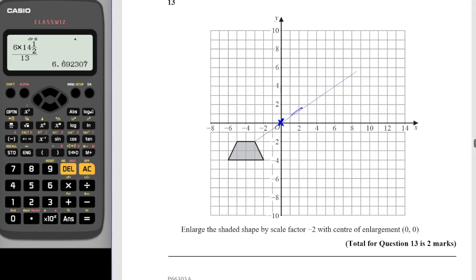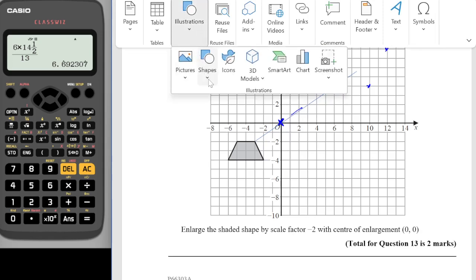So if I'm enlarging it by a scale factor of -2, if this is 3 across and 2 up, it's going to go twice as far away the other side of the centre of enlargement. So that will go to there. And then what I tend to do is draw the shape twice as big. So instead of being 2 across, it's going to be 4 across. Instead of going 1 across and 2 down, it's going to go 2 across and 4 up. Instead of going 4 across, it's going to go 8 across: 2, 4, 6, 8. And then I just need to join that up with straight lines.